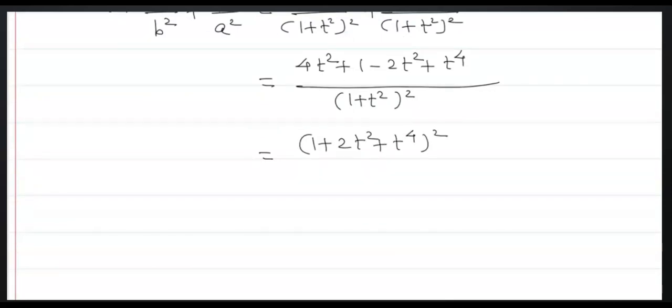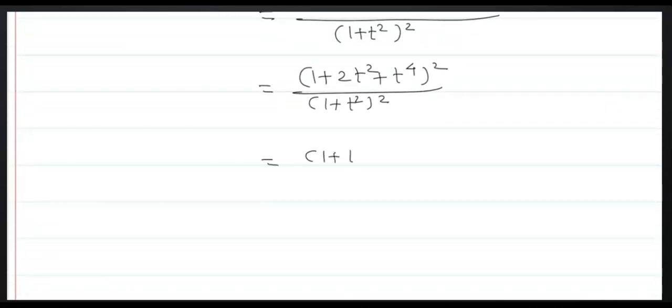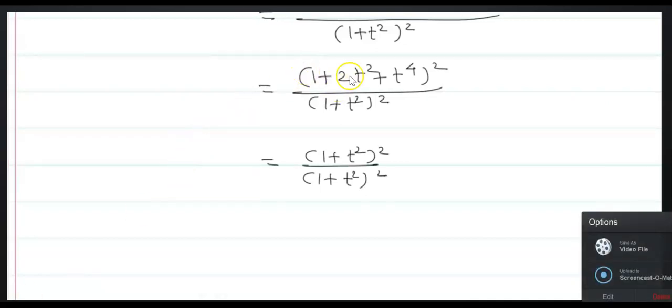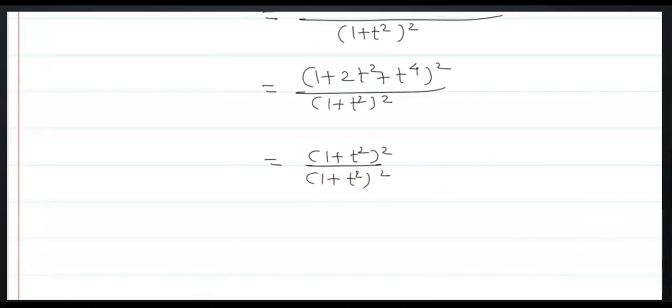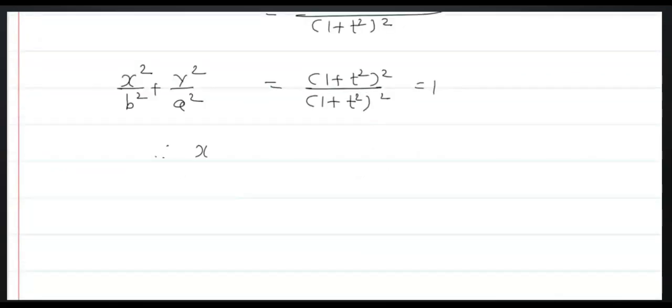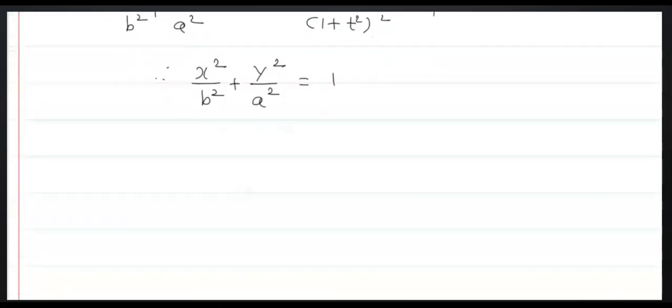Now here it is 1 plus 2t square plus t raised to 4, that is 1 plus t square bracket square upon 1 plus t square bracket square. By mistake, I had written it differently. You can understand that x square upon b square plus y square upon a square is equal to 1.